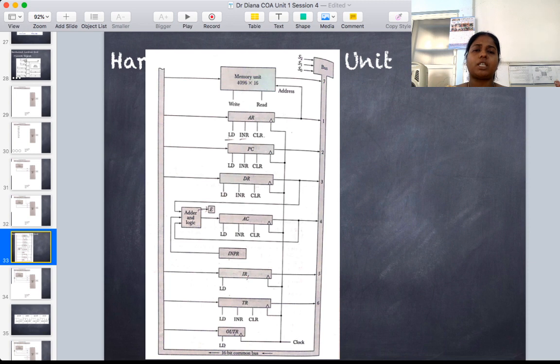In the second clock cycle, I need to tell memory to read the data from that particular address. So I give access to the memory unit and I raise the read signal of the memory unit. When I raise the read signal, the address from the address register is received by the memory unit, and that particular data is thrown inside the common bus.